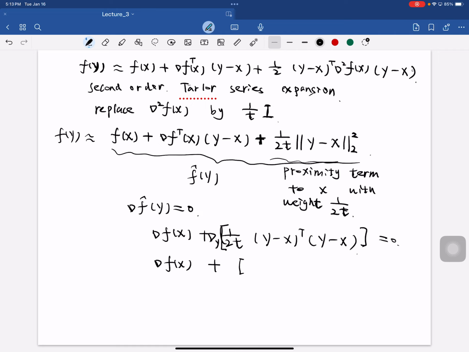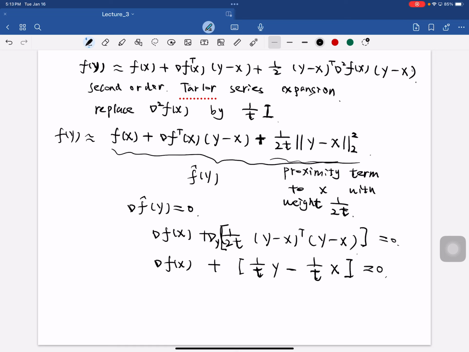So this will be 1 over t y, so minus 1 over t x.